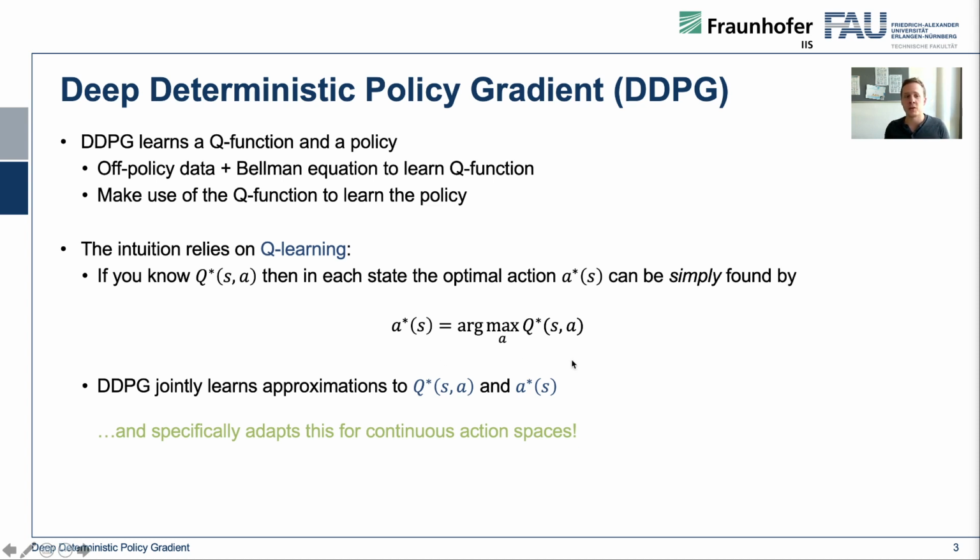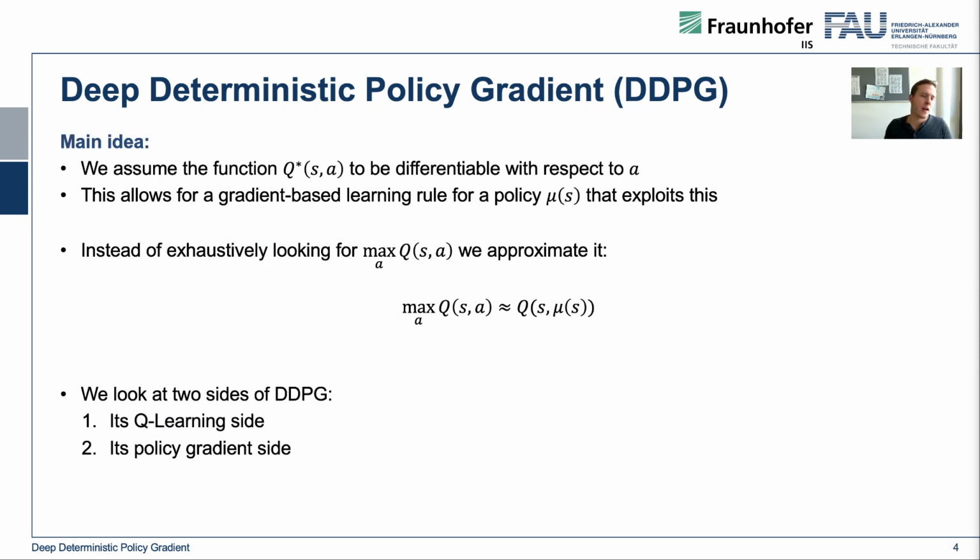DDPG jointly learns approximations to our Q function and our optimal action for a certain state S. It is specifically adapted for continuous action spaces, which means that it needs continuous action spaces, and the Q function needs to be differentiable with respect to our actions. These are some side constraints of DDPG, which however are not that critical in practice.